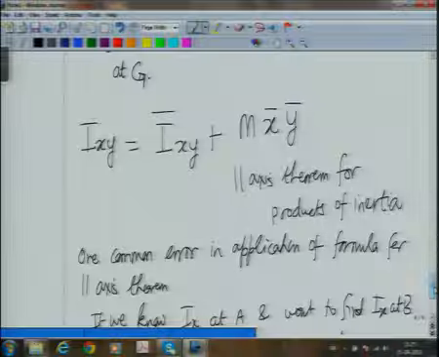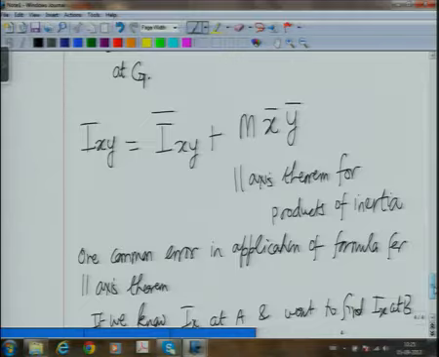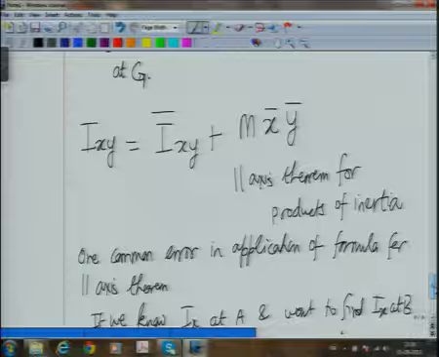Nothing will change. Why? Because here you have at least two terms, x bar y bar, x bar z bar. So if you are shifting only along one axis with respect to the center of mass, the product of inertias will not change. You have to have shift along two axes, along x and y, then x bar y bar will change. If you shift along x and z both, then x z will change.